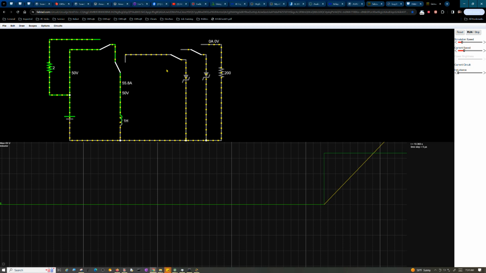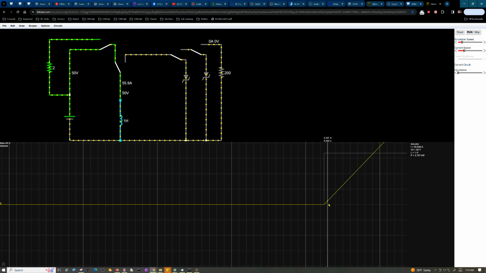Now, what I'm going to do next is, it's a 1 Henry inductor, all right, and it's storing energy in it. So let's go ahead and change the discharge through this 12 volt Zener here, because this is a 50 volt supply we charged it at, and you can kind of see how long we charged it for.